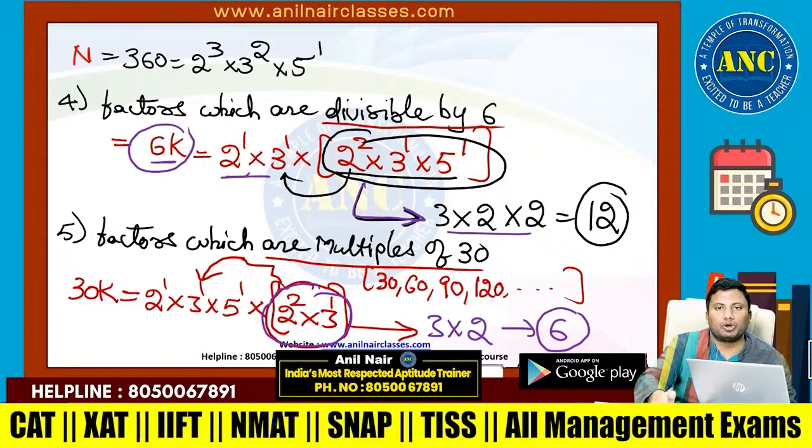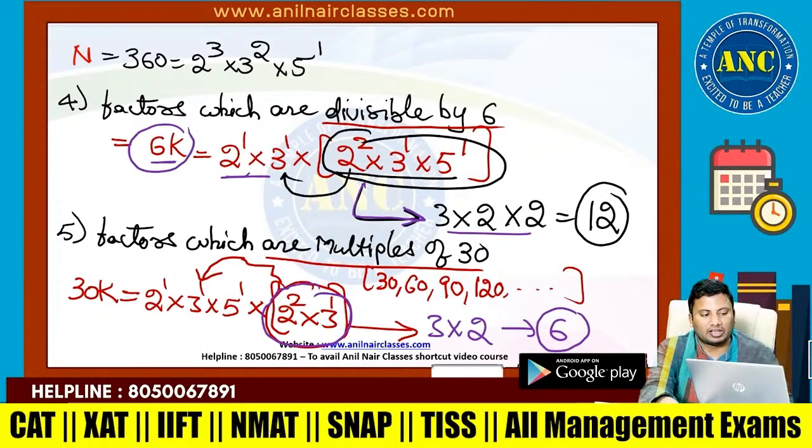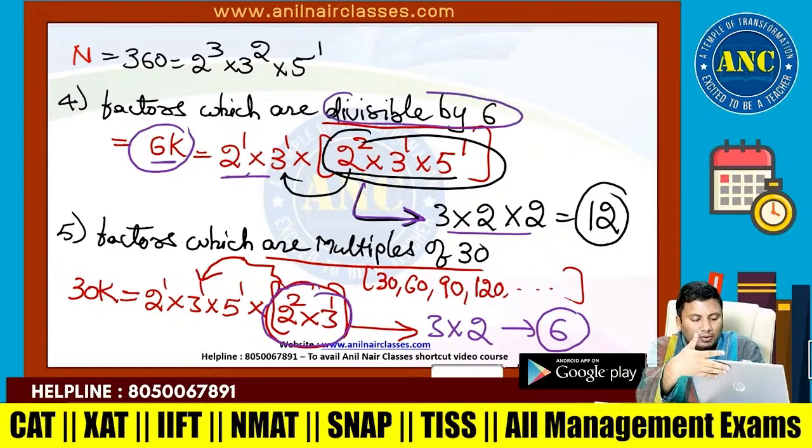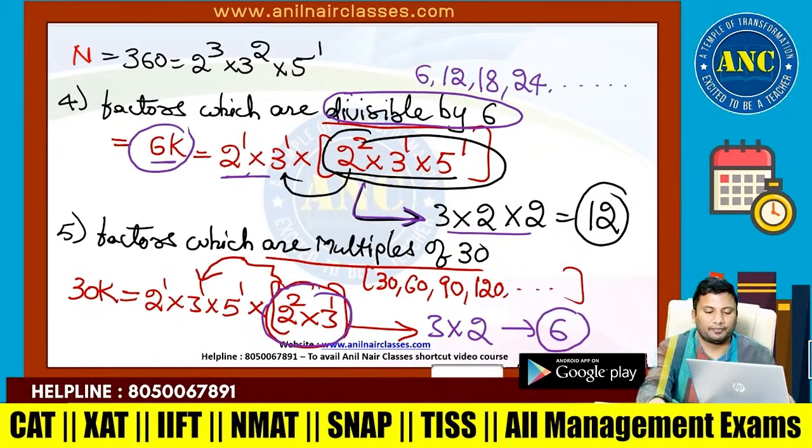I hope the fourth question and fifth question are extremely clear to you. Any number which is divisible by 6: 6 is divisible by 6, 12 is divisible by 6, 18 is divisible by 6, 24 is divisible by 6.